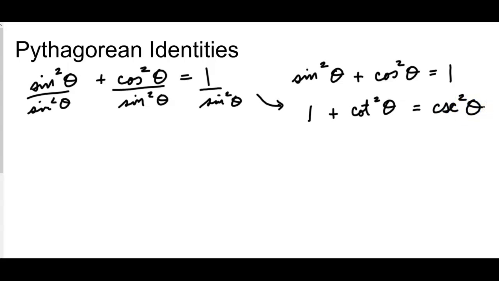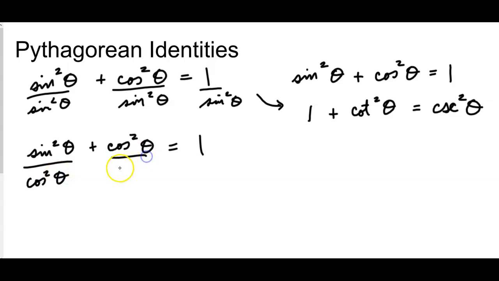We haven't talked about the reciprocal identities yet, but cosecant is 1 over sine, so we can write it that way. Then if I take the original Pythagorean, and we're going to eventually come up with 3 formulas here, we'll divide everything by cosine squared theta.